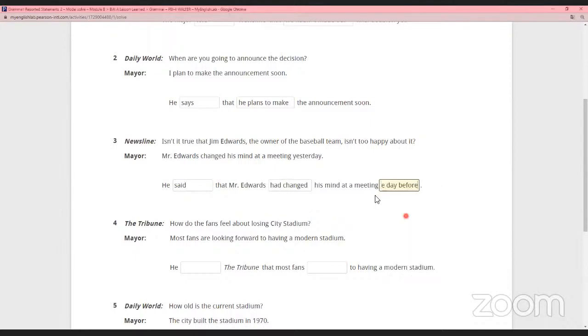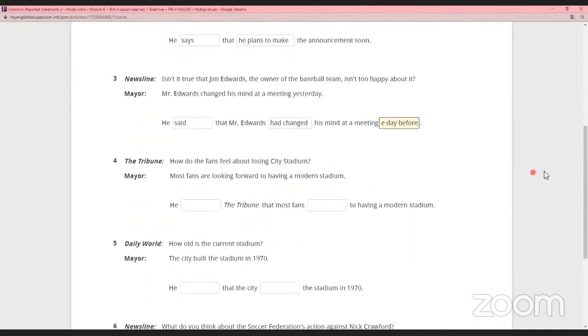Okay, cool. Let's continue with point number 4. How do the fans feel about losing Serum Stadium? Most fans are looking forward to having a modern setting. Okay. So, and we have the quote. So what do you think? Told.